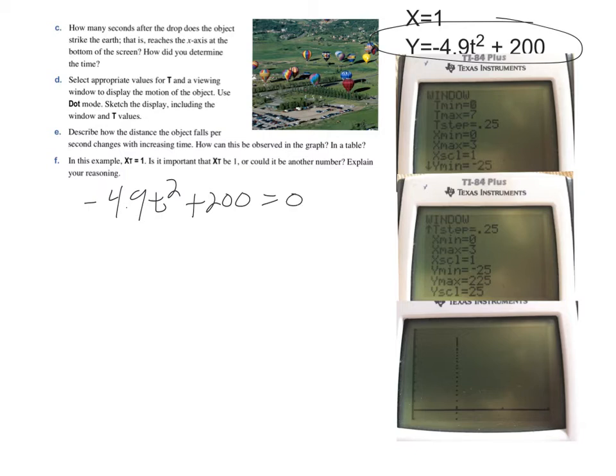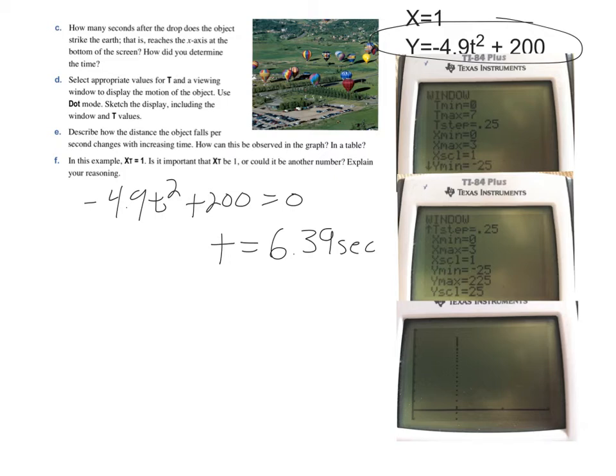Now t is going to come out to have two values. The one that we're going to be interested in, I believe, comes out to be about 6.39 seconds. And so it's going to take approximately 7 seconds for the ball to drop.